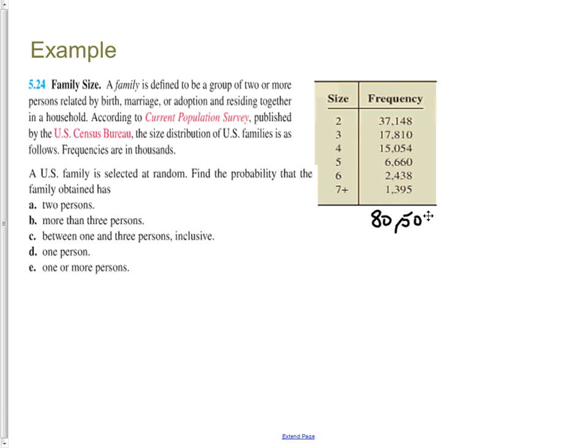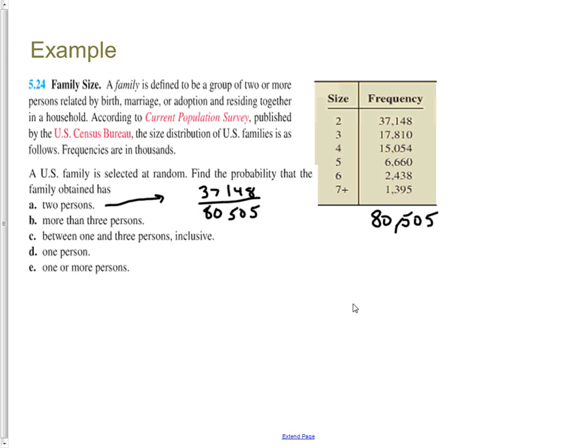80,505. All right. So if we wanted to find out the probability that we're going to get a 2-person family, our probability would be found by taking 37,148 and dividing it by 80,505.